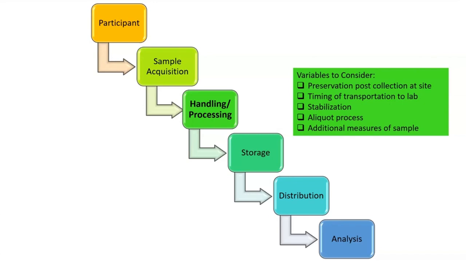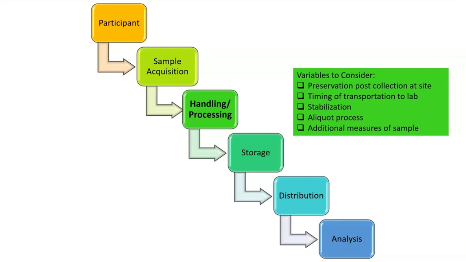So you've got to consider that as well. Also think about once you get the sample back to the lab, you're going to need to aliquot it out of whatever you collected it into and put it into some little tubes to store, likely in your freezer, for when you want to actually do the analysis of the sample. So what's that process going to be like?